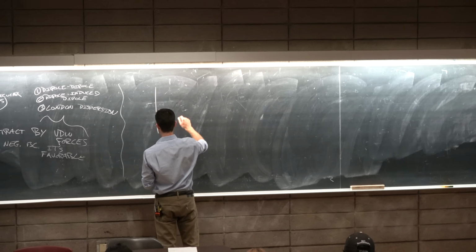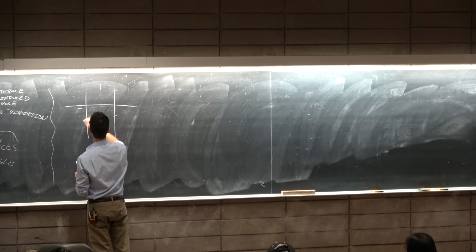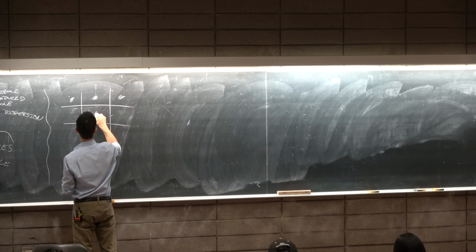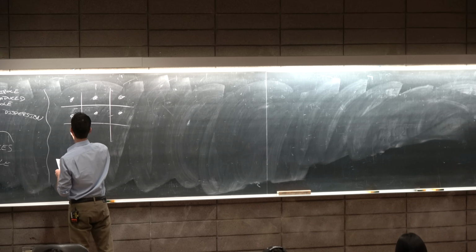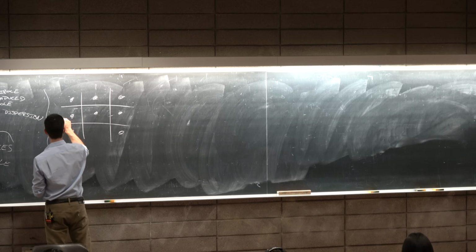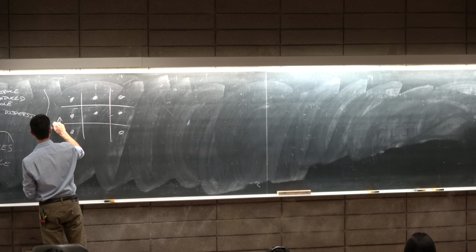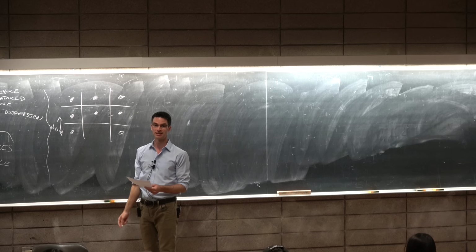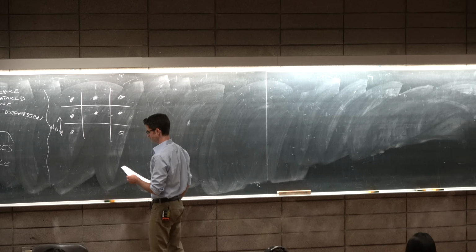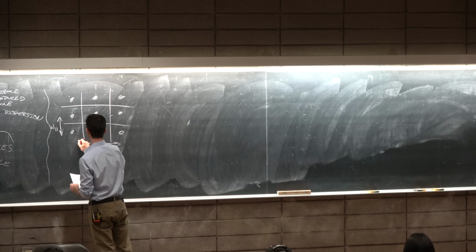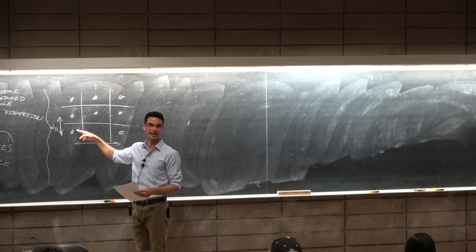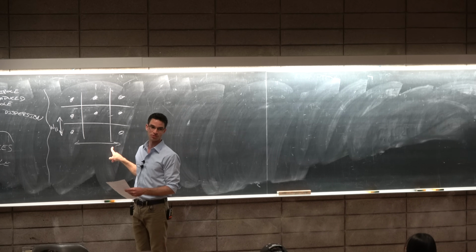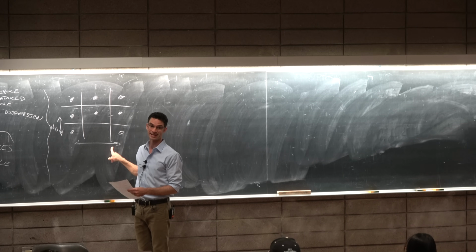So let's imagine a tic-tac-toe board full of closed circles, except for one. These two in adjacent sites interact by W11. We're going to say that there's no interaction between the diagonals, just to make our lives easier, and there's no interaction over ranges longer than one lattice site.